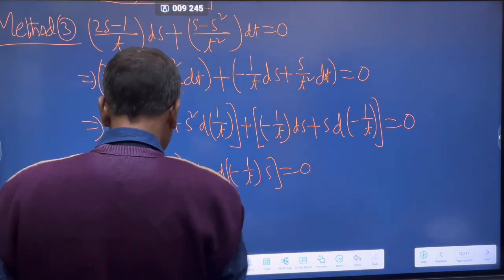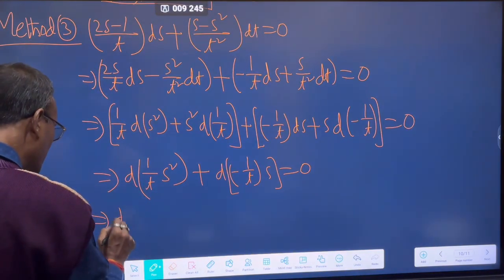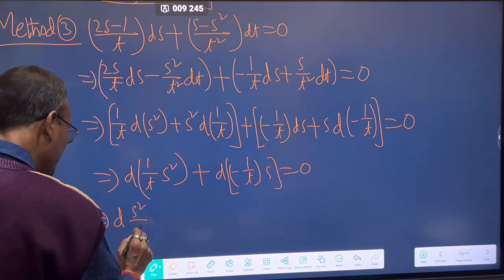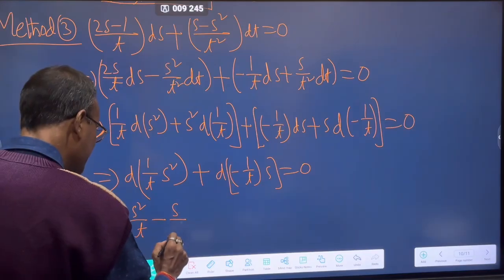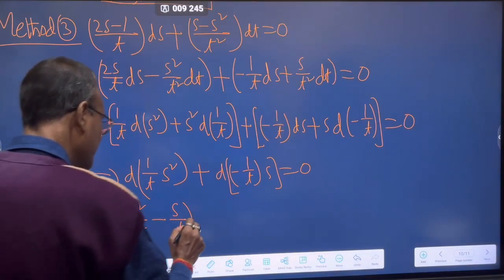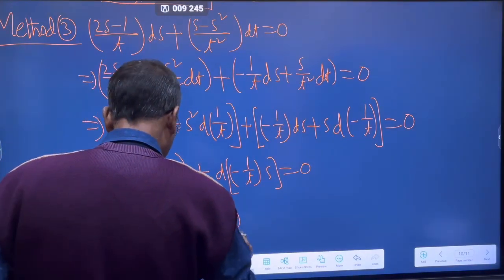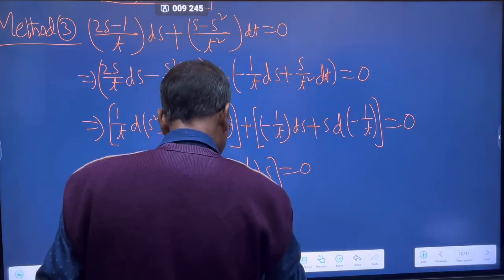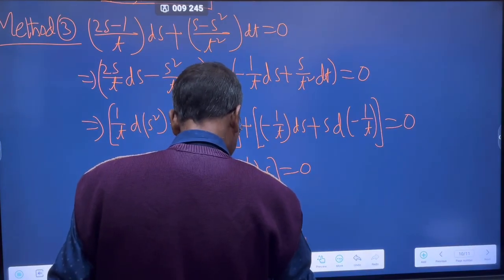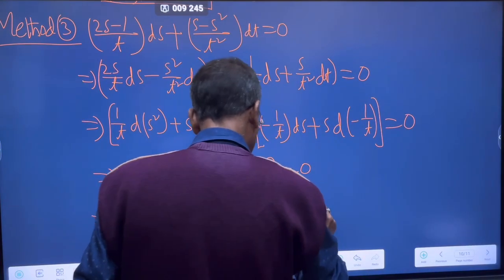Or d of (s square by t minus s by t) equal to 0, or d of (s square minus s) by t equal to 0.